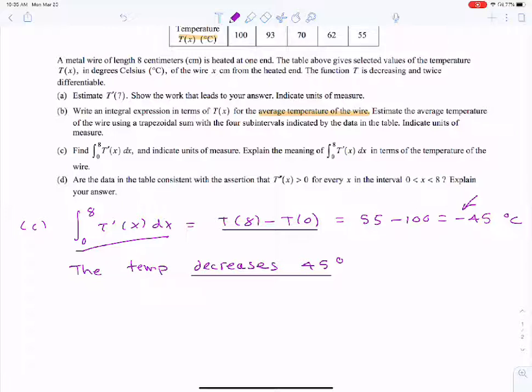But in this case, the temperature decreased by 45 degrees, so its displacement is negative 45. So displacement is signed, in other words, it can be either positive or negative, because a change can be an increase or a decrease. Okay, so let's continue on writing this explanation. So the temperature decreases 45 degrees.